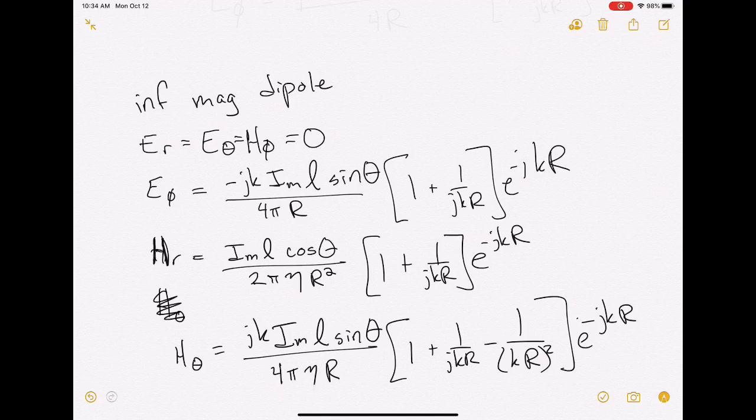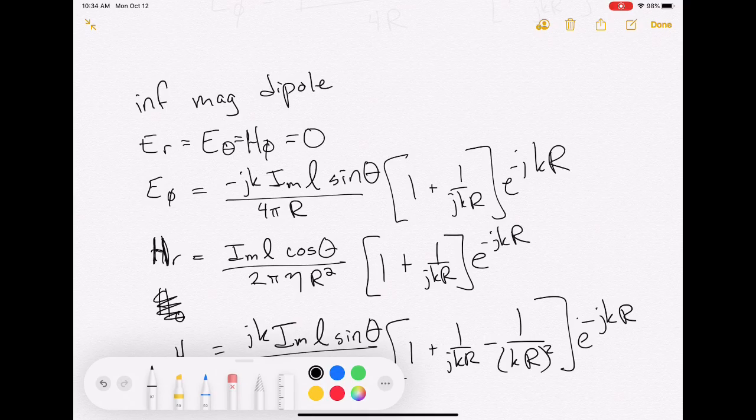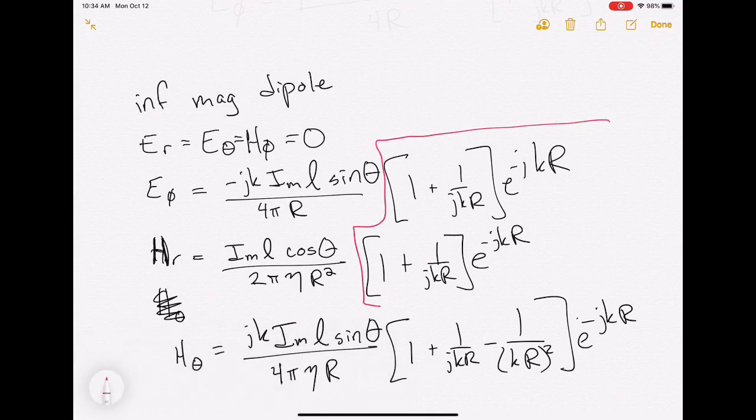All right, here's how we're going to do this. First of all, look, all of these terms with the r dependence in them are the same. They are exactly the same.